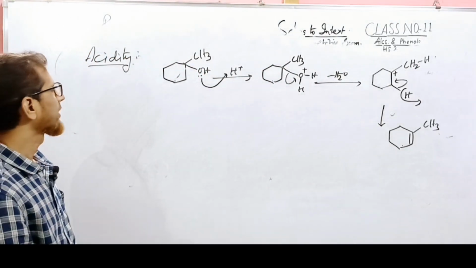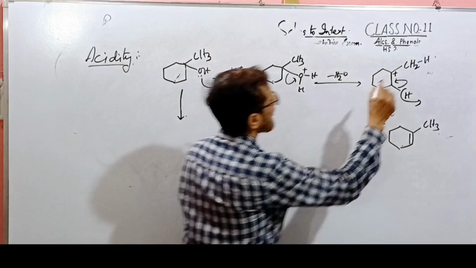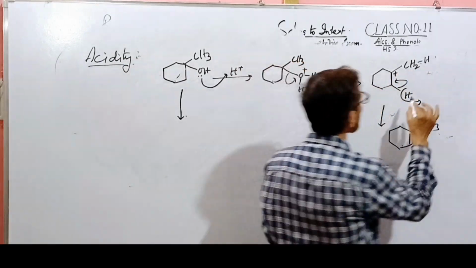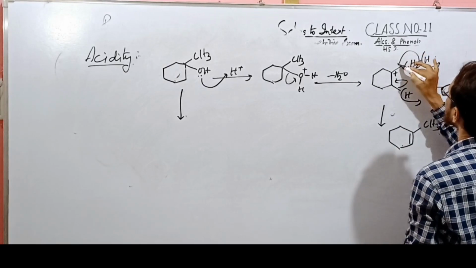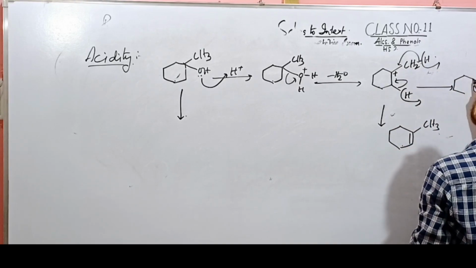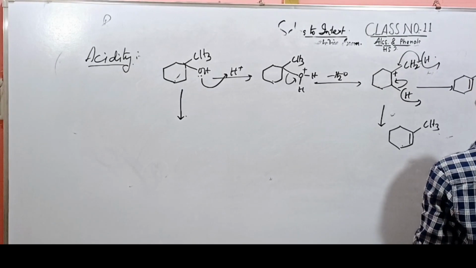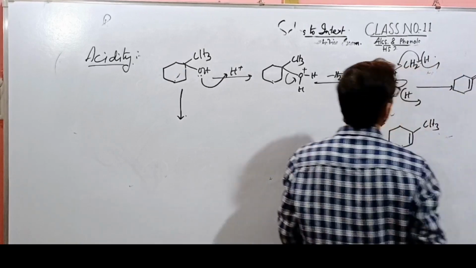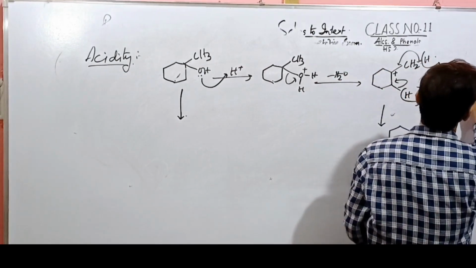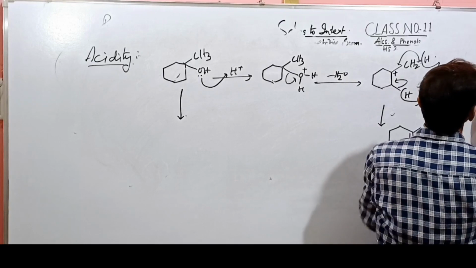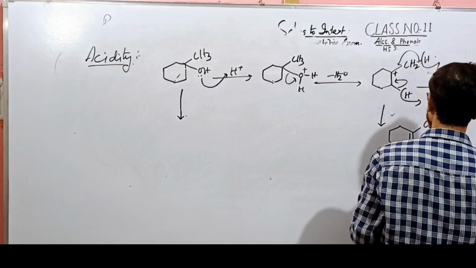There is another possibility of getting the answer. When the cation is formed, that may be protonated, and it comes forward in this way, and we get this one, but that is minor, and this is major.